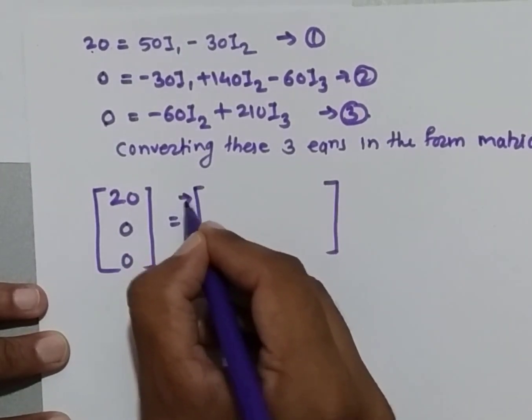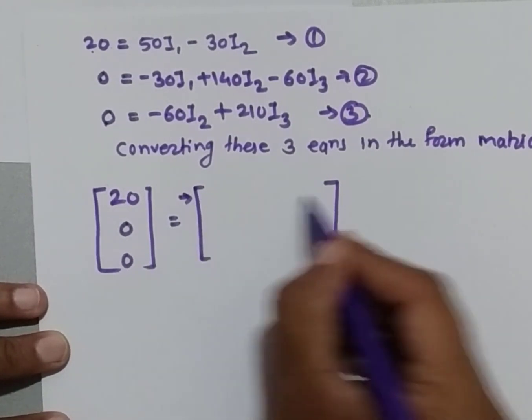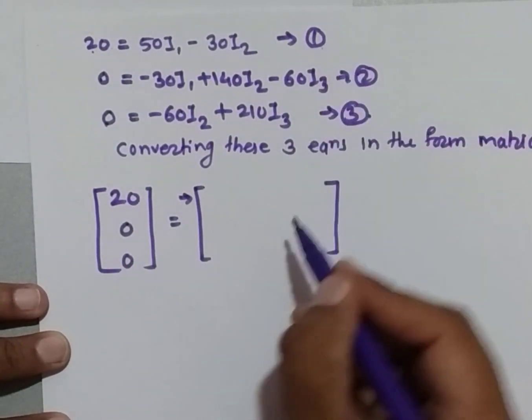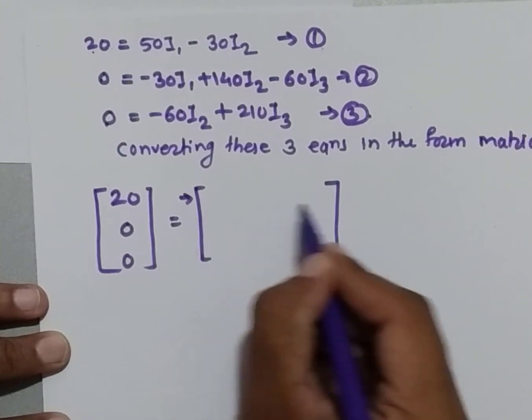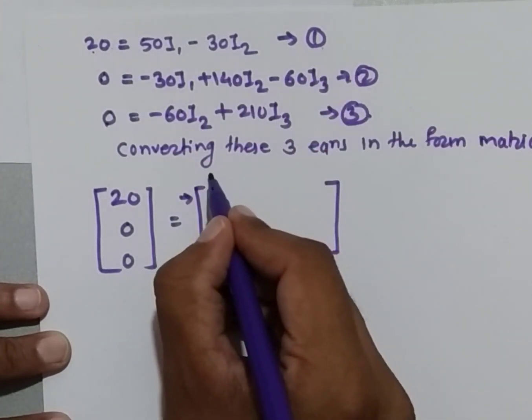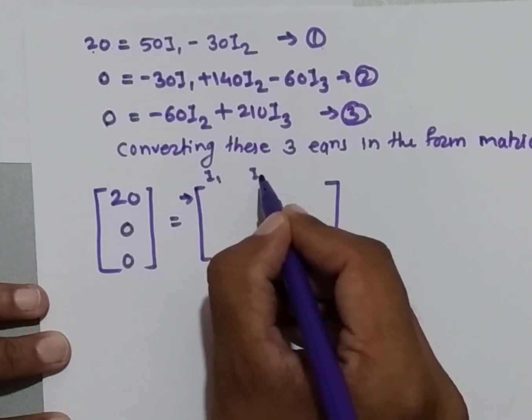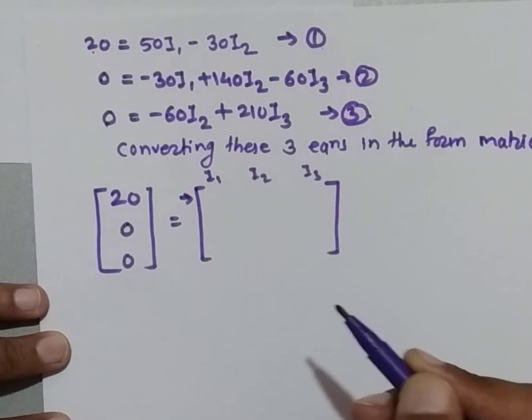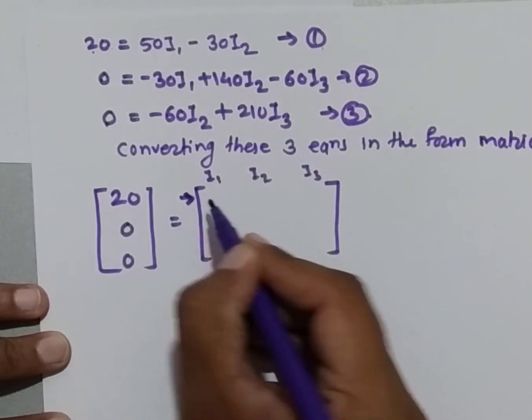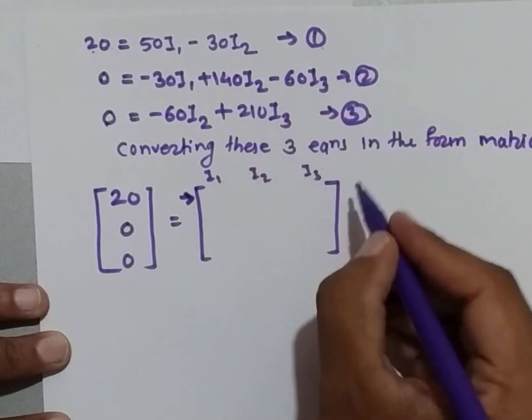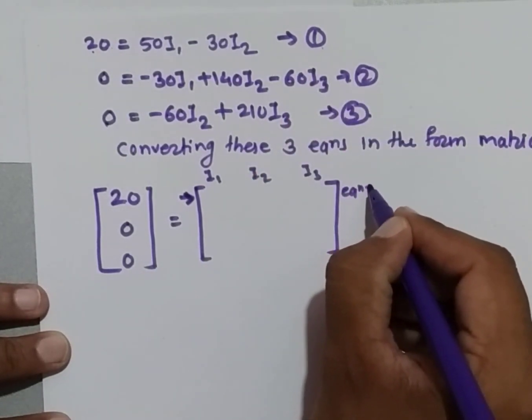Now the first row represents the terms of equation number 1. Those are the I1 term, I2 term, and I3 term. So let us write over here equation number 1.